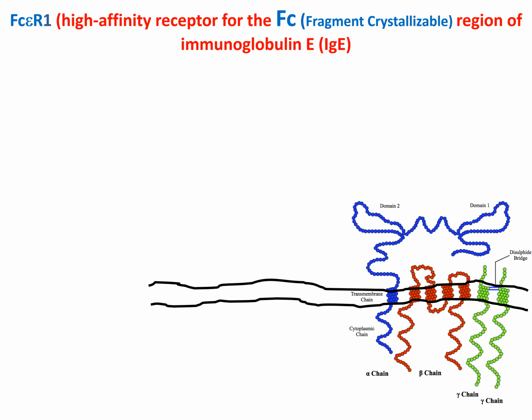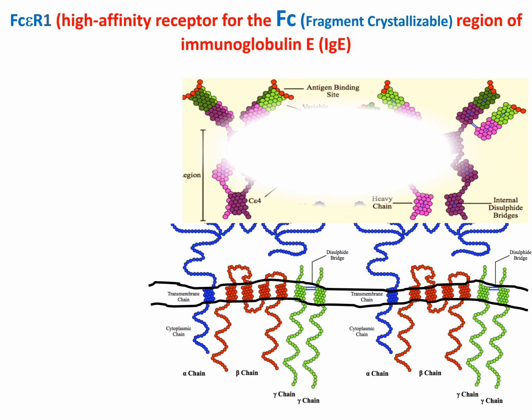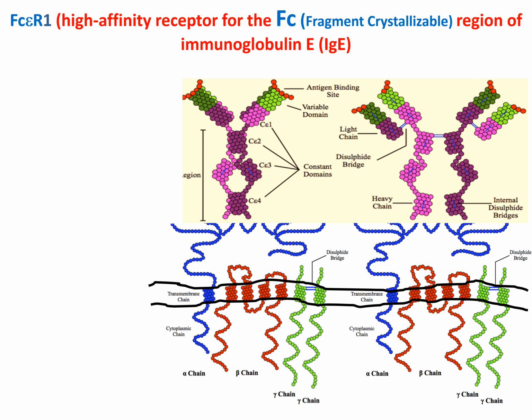So here we have one receptor and another receptor located beside it. Then we have the interaction with the immunoglobulin E. So here we have an immunoglobulin E, and here we have the Fc region of the immunoglobulin E, which is what we call the fragment crystallizable.